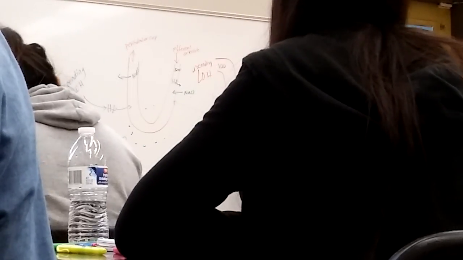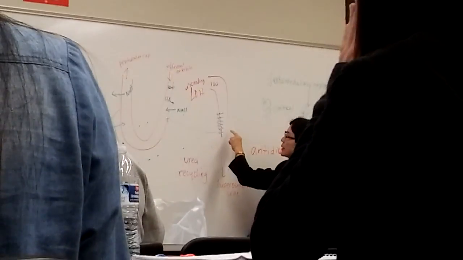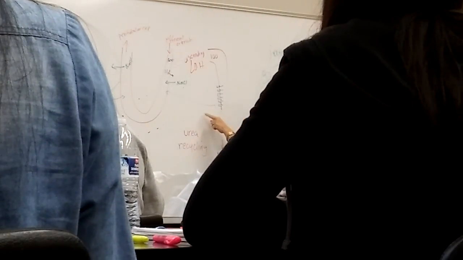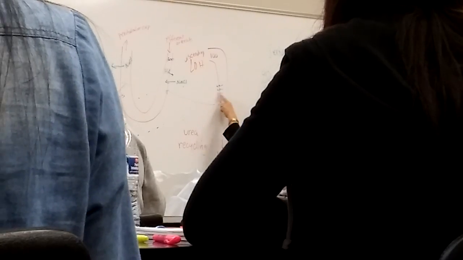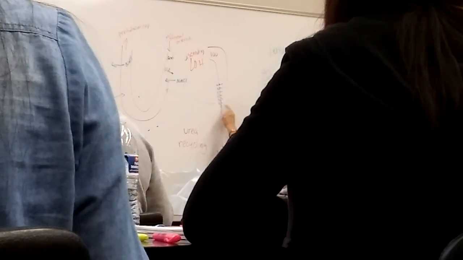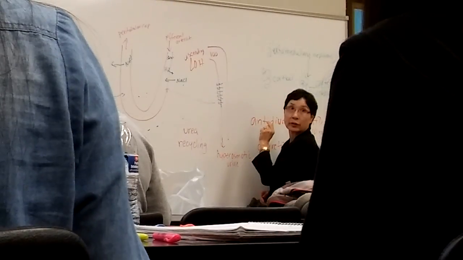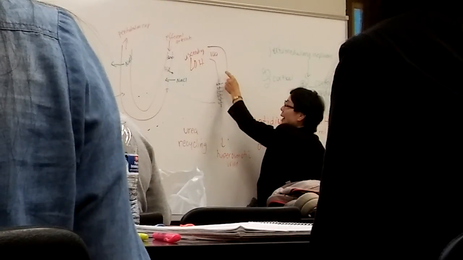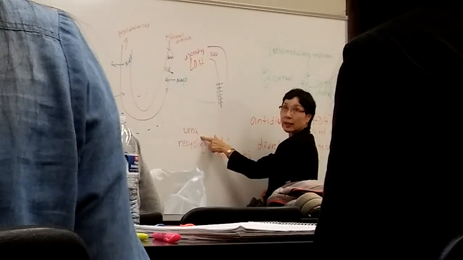When ADH is present, when these aquaporins are inserted into the membrane of these collecting duct cells, the water is going to leave through those openings, through those aquaporins. But the salt and the solutes, including urea, are not able to leave and follow the water. So that means that we form a concentration gradient of urea.